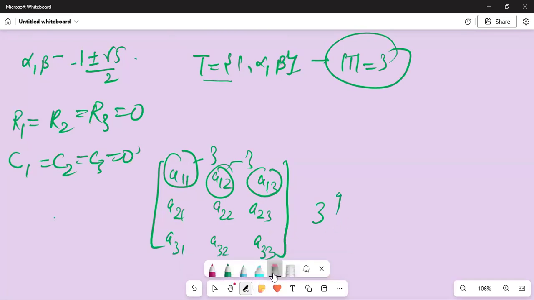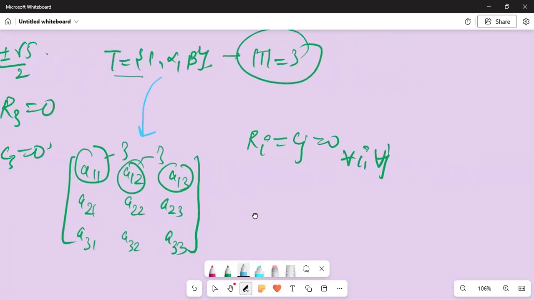But we don't just need to find the number of elements, we have a condition which has to be satisfied by those matrices. So the condition is that all the rows and columns should satisfy this, for all i and for all j. And the entries should be from this set T. So we see how many choices we have.